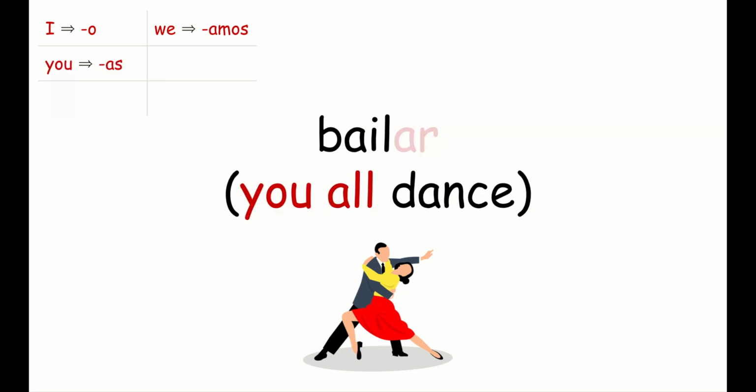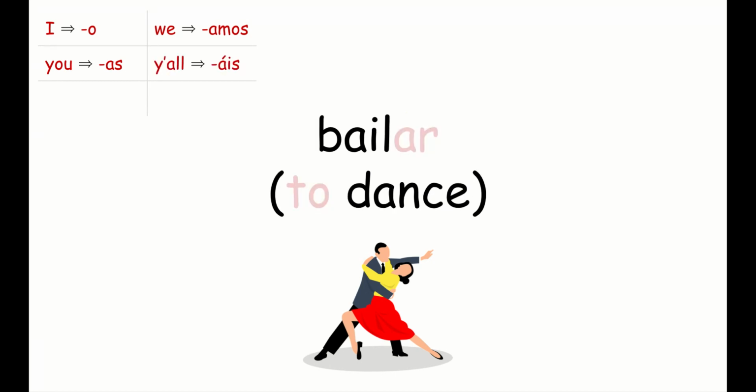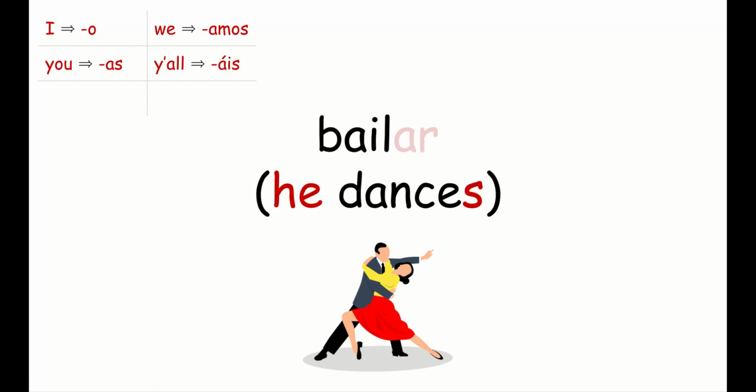If we want to say you all dance, or you guys dance, or y'all dance, there's a different ending we're going to use, which is ais. So when we say bailais, we're saying you all dance, you guys dance. If we want to say he dances, we're going to use the ending a. So baila means he dances.